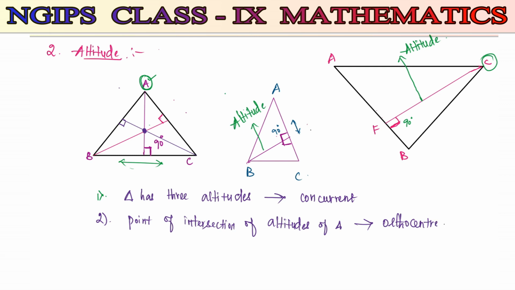So the orthocenter is going to be denoted by the capital letter O. So remember, altitude means perpendicular. The lines from any vertex to the opposite side are perpendicular to it, and the point of intersection we used to call the orthocenter.